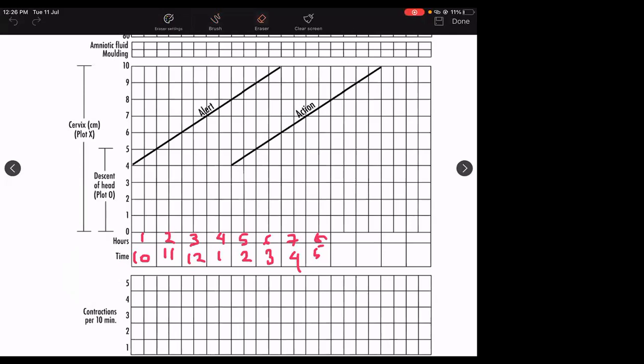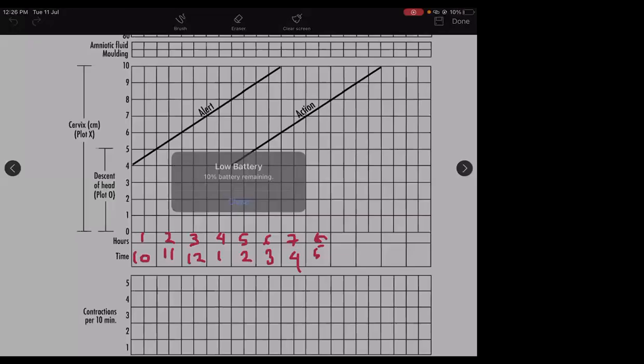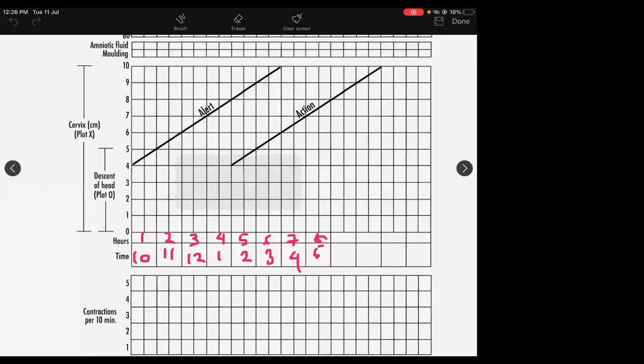So now that you have figured your timing, you know that she came at 10 a.m. And when you examined her at 10 a.m., she was at 4 centimeters cervical dilatation. Remember, if you plot your 4 centimeters here, is that 10 a.m.? No. That is 9:30.